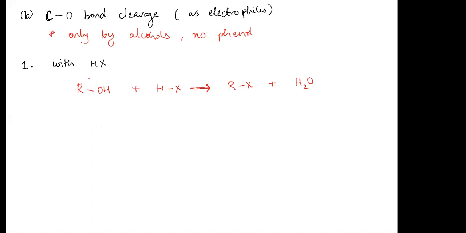So a special note about this particular reaction is that when you have HX, let's say HCl, in the presence of zinc chloride, this particular reagent is called Lucas reagent.